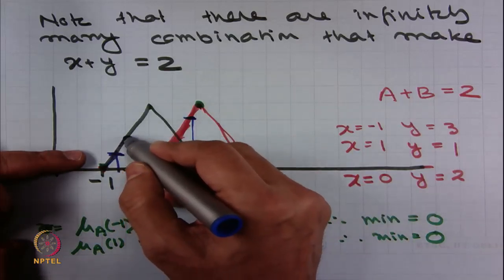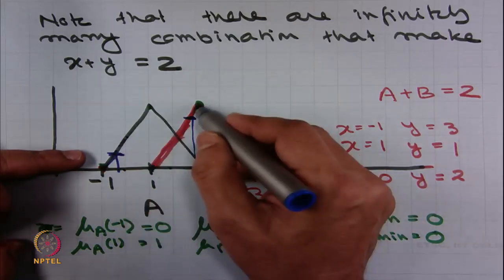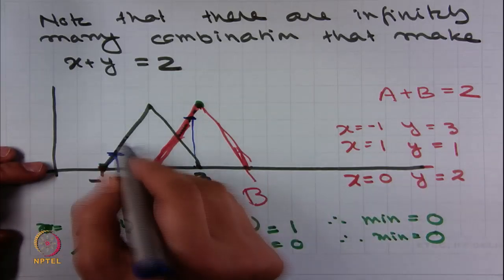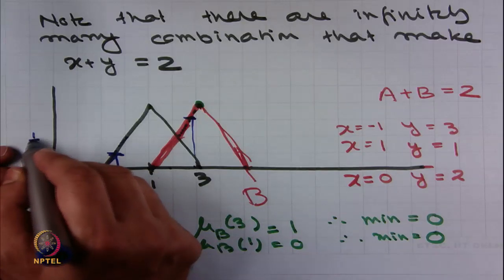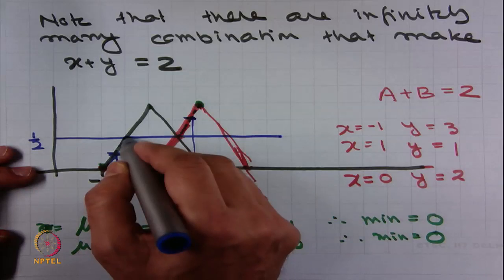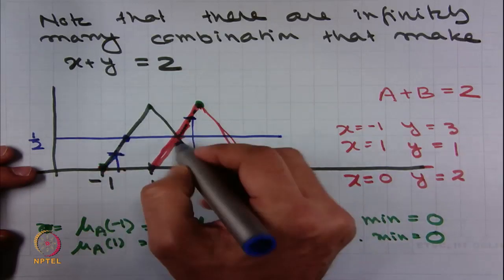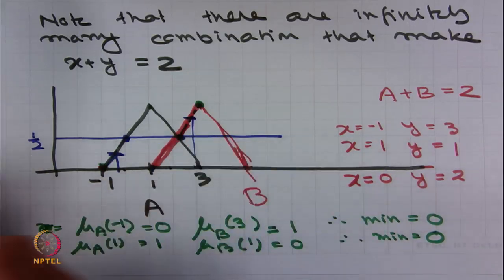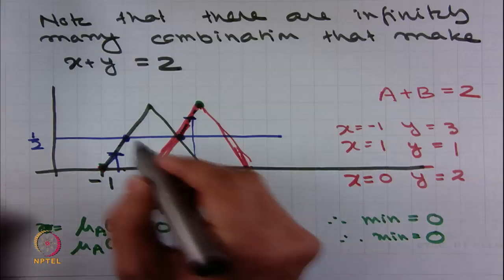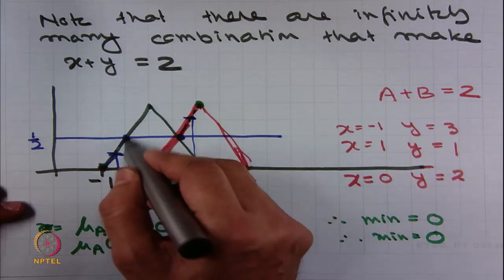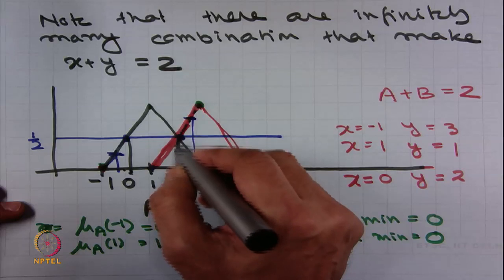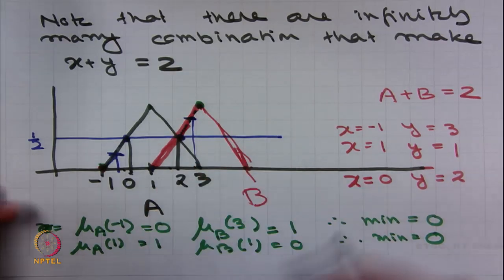Similarly, as we go up and as we go down with this line, we find that at this point both of them attain the value half. Therefore, what is this point? This is 0 and what is this point? It is 2.